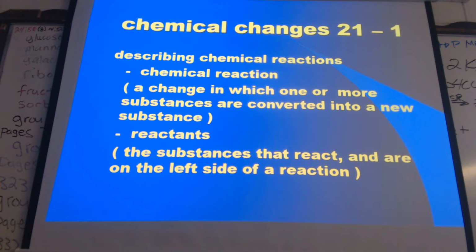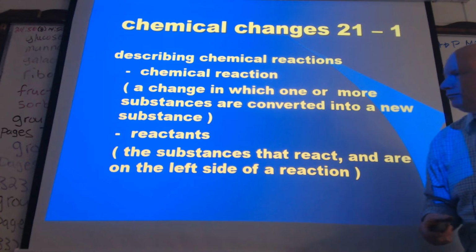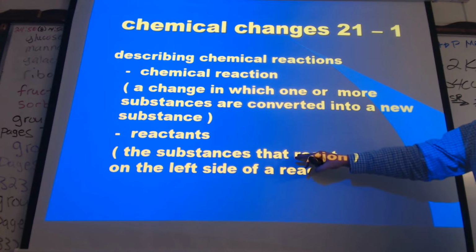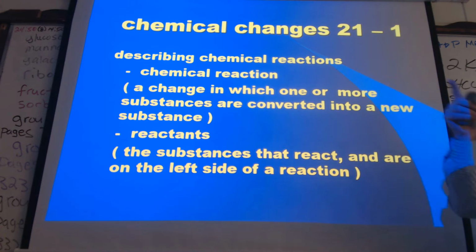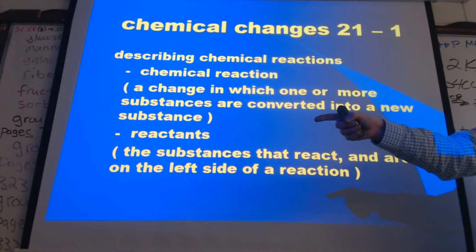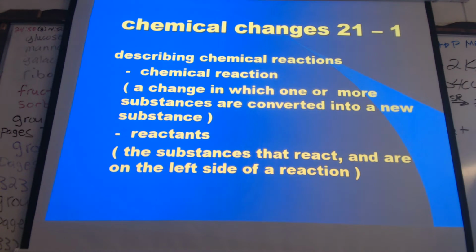And we will do one more, and then we're going to do some exercises together, not on your own, like you did with what was on the board before. So anytime you're looking at a substance on the left side, those are your reactants.